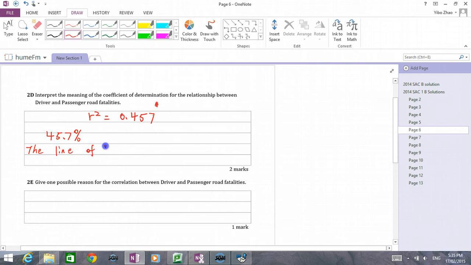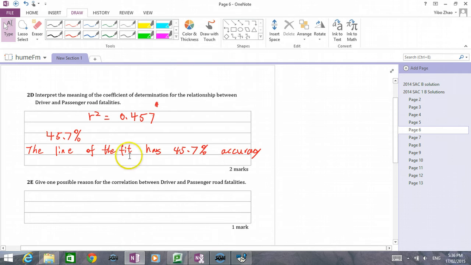The line of best fit has 45.7% accuracy. If you write this down, then you should be good.